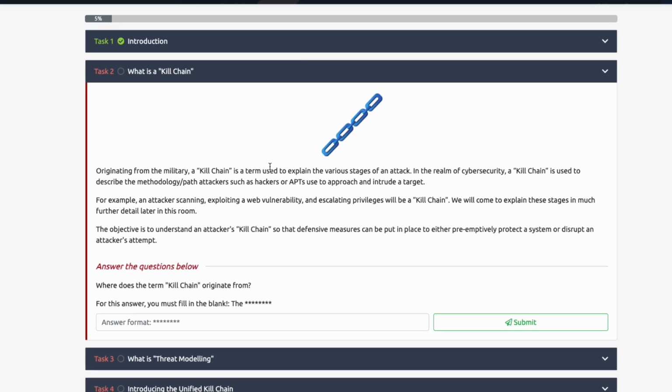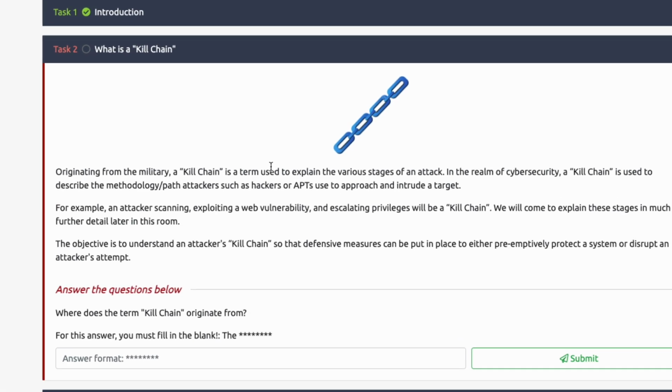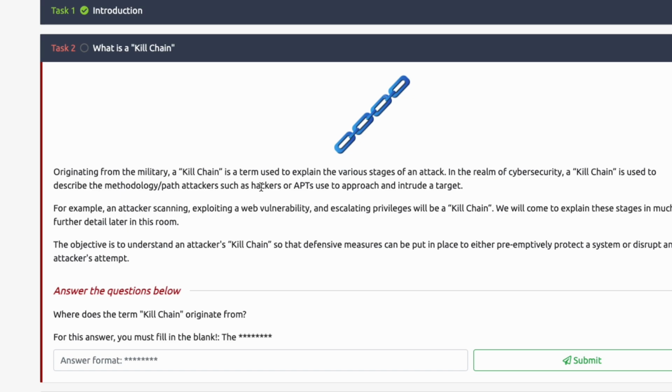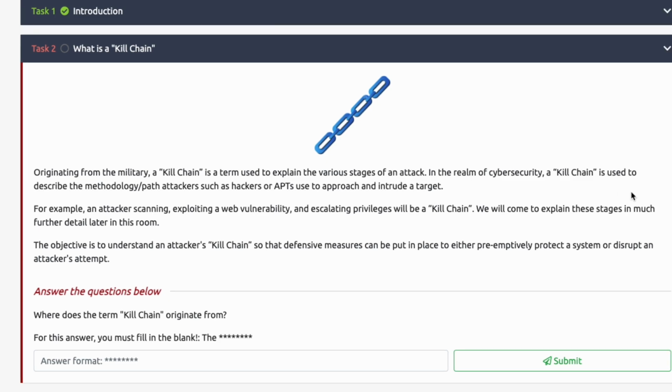So let's talk about what a kill chain actually is according to the UKC. Originating from the military, a kill chain is a term used to explain the various stages of an attack. In the realm of cybersecurity, it's used to describe the methodology and path that attackers, hackers, or APTs, advanced persistent threat groups, use to approach and intrude a target.